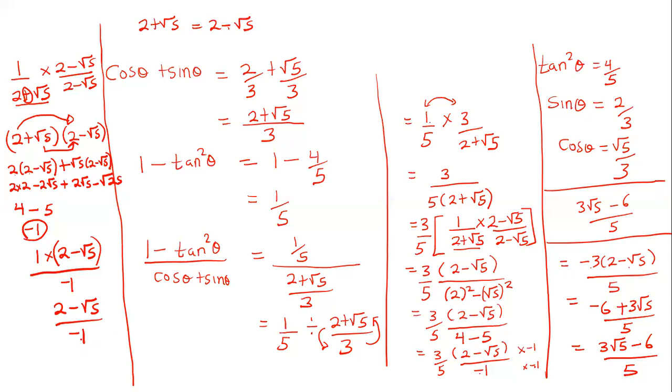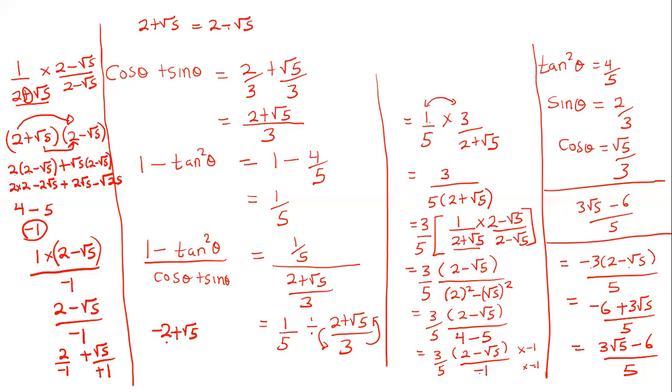But when I have this negative 1, it divides the 2 and divides the root of 5. So I can write it as 2 out of negative 1 minus root of 5 out of negative 1. So this negative and this one cancel. 2 divided by negative 1 is negative 2. So you end up getting negative 2 plus root of 5.